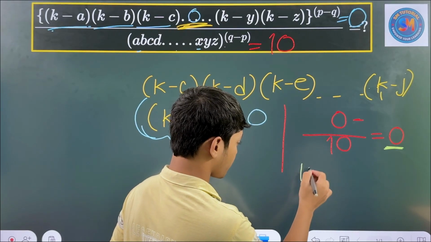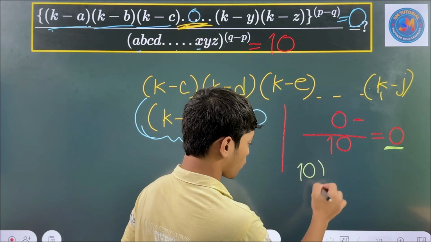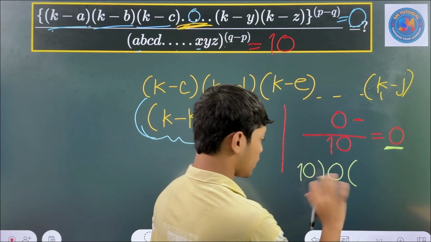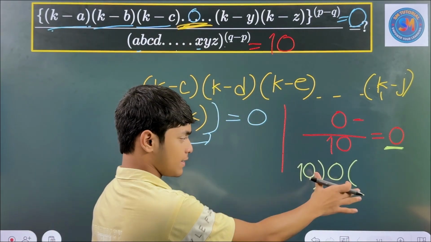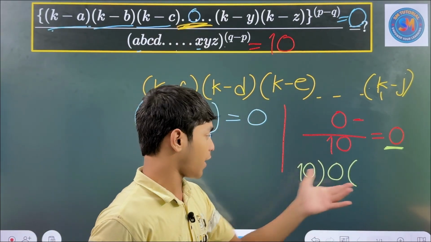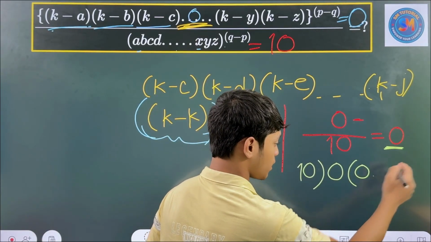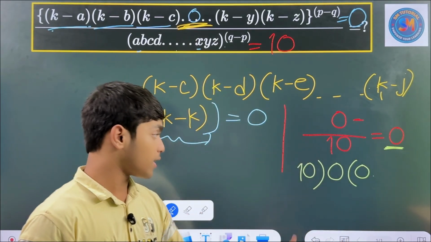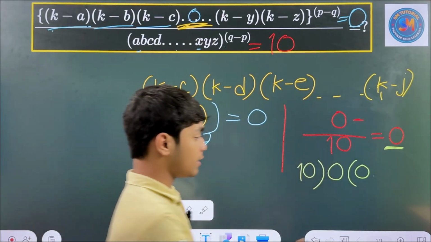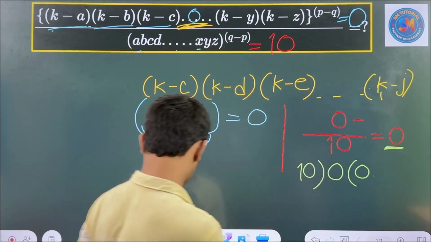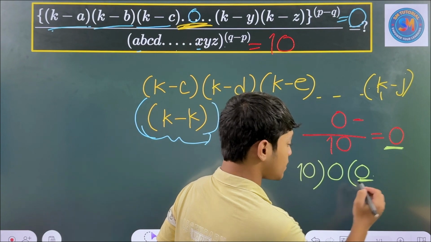Let's verify. Can you divide 10 by 0? No. So that's why you place your 0 first, and the integer part is 0.